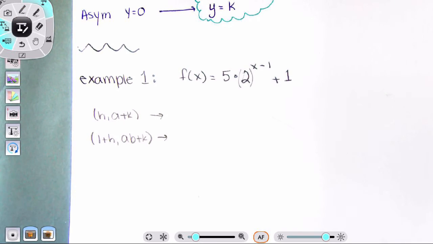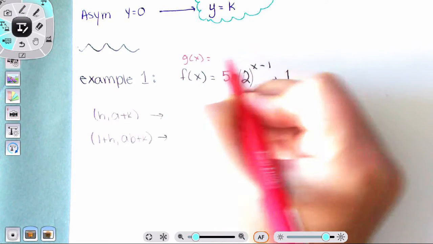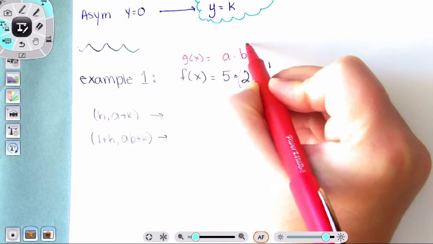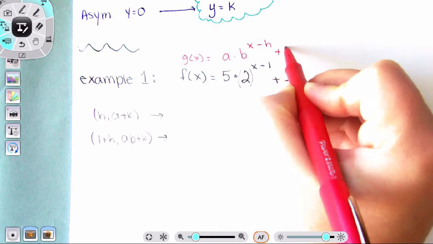Let's identify our general form, and I'm just going to write it right on top. So I have g of x is equal to a times b to the x minus h, plus k.